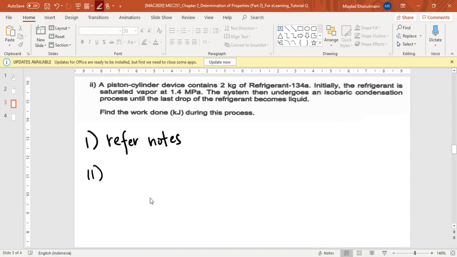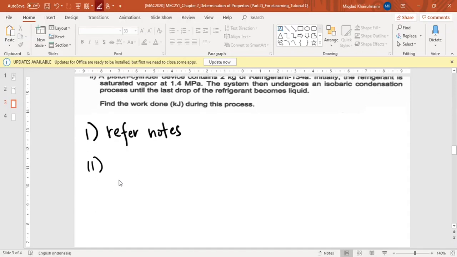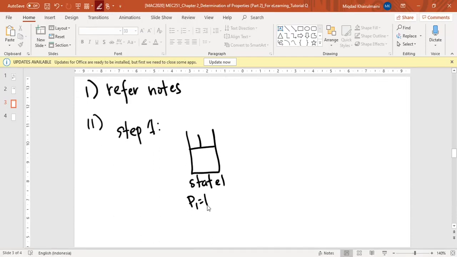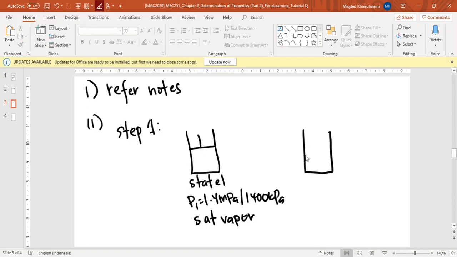So step 1, we will try to draw the schematic diagram. We have a piston cylinder. For state 1, what is known is the pressure, 1.4 megapascal or 1400 kilopascal, and the phase, saturated vapor. Then we have a process, so there will be a state 2. The piston will be slightly lower because of the cooling process.